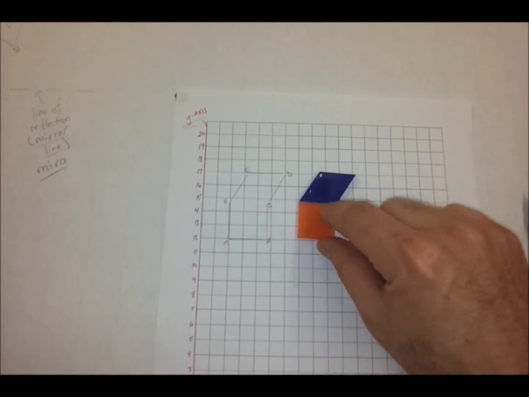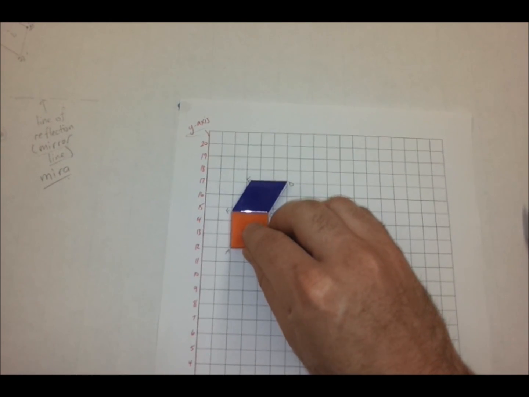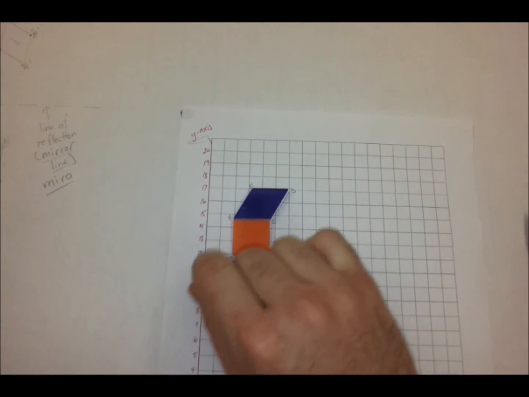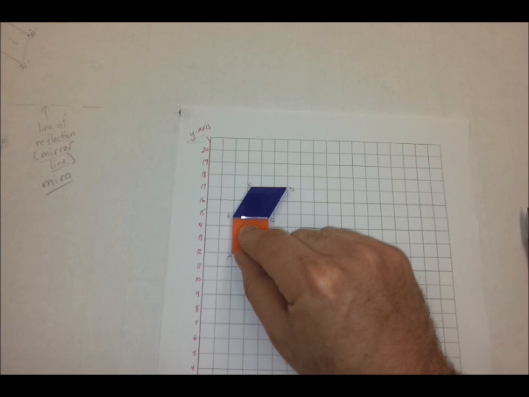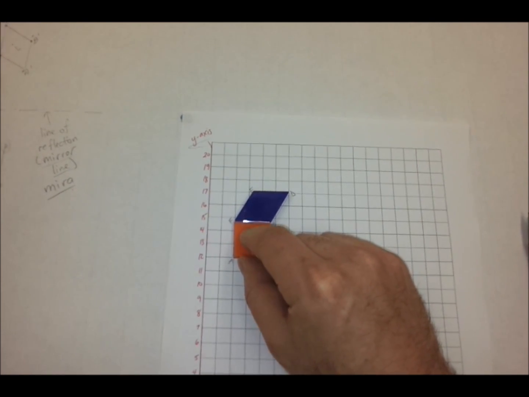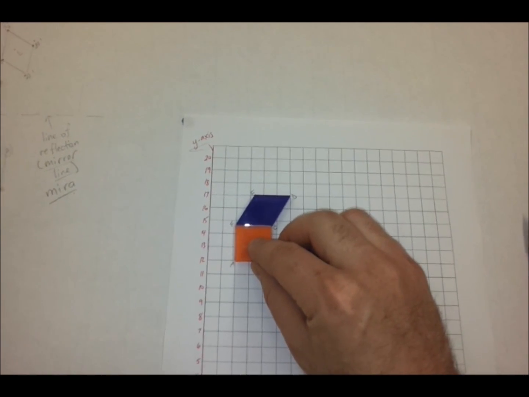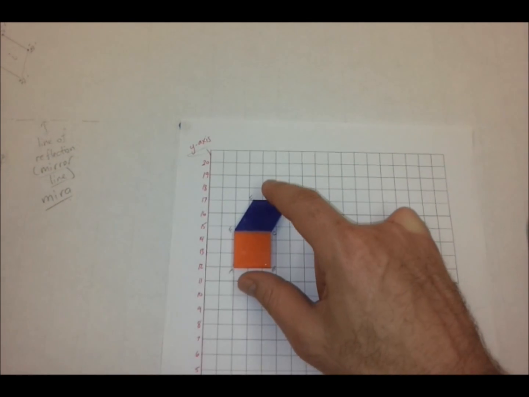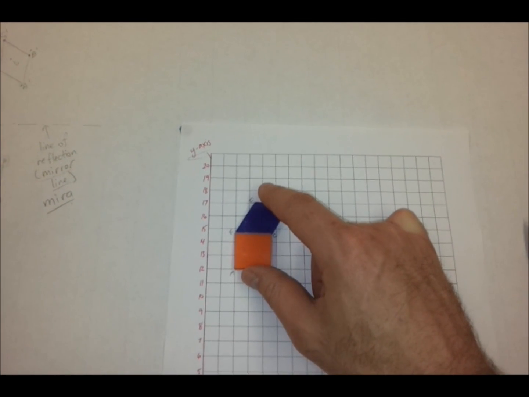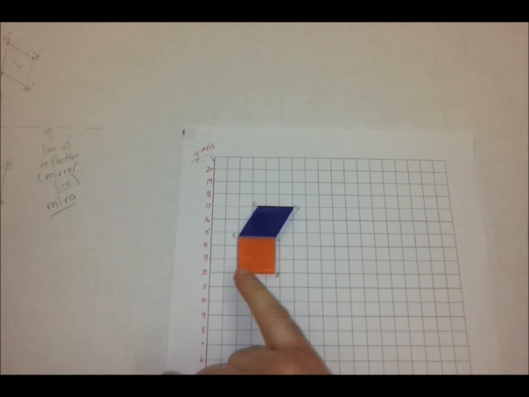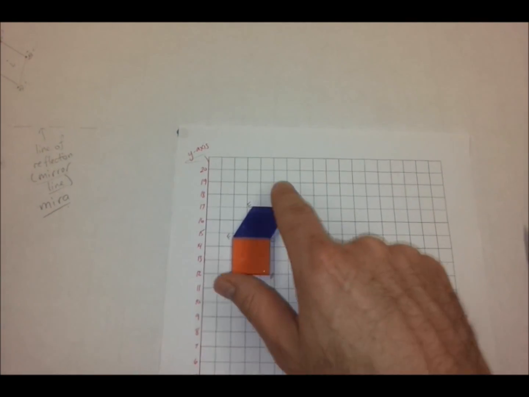So I went with my square section and I lined the 90-degree corner of my square perfectly with my grid line. I did this on purpose because then I can use my grid to help me describe the movement of my shape, of my polygon.